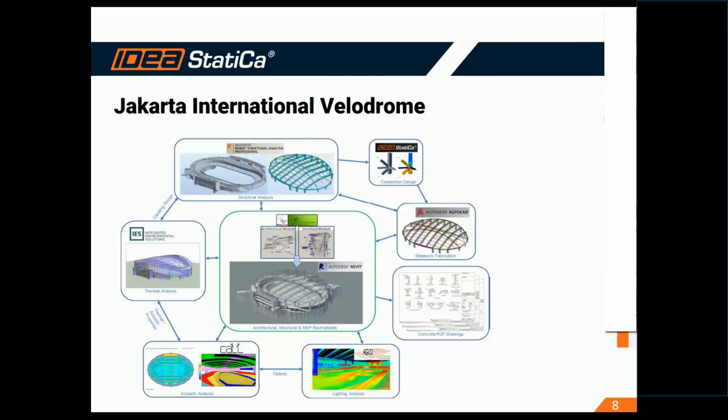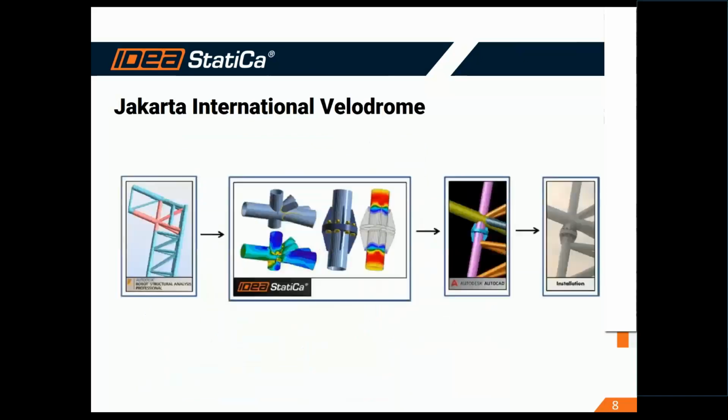As you can see on the top right, IDEA StatiCa was part of this workflow, and it was used for the connection design. More specifically, the connection nodes were imported from Autodesk Robot. That was used for the global model, for the analysis of the global model.